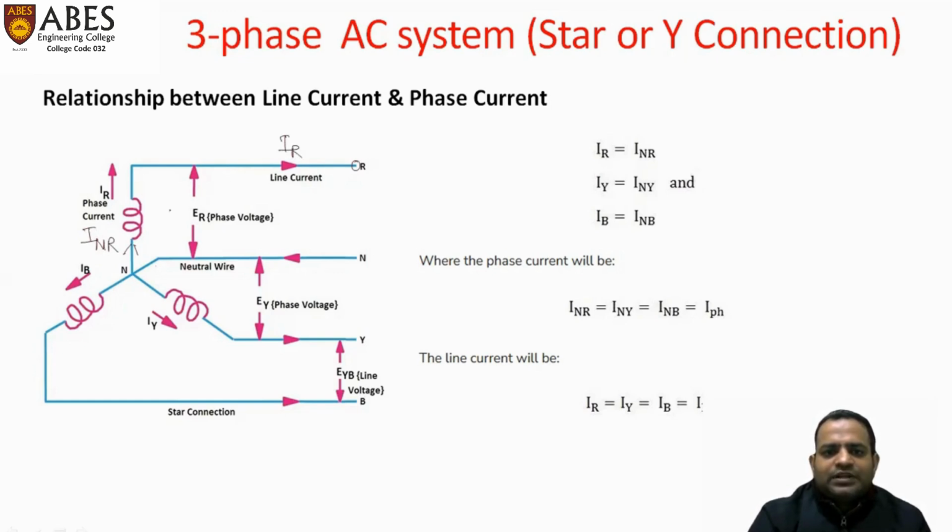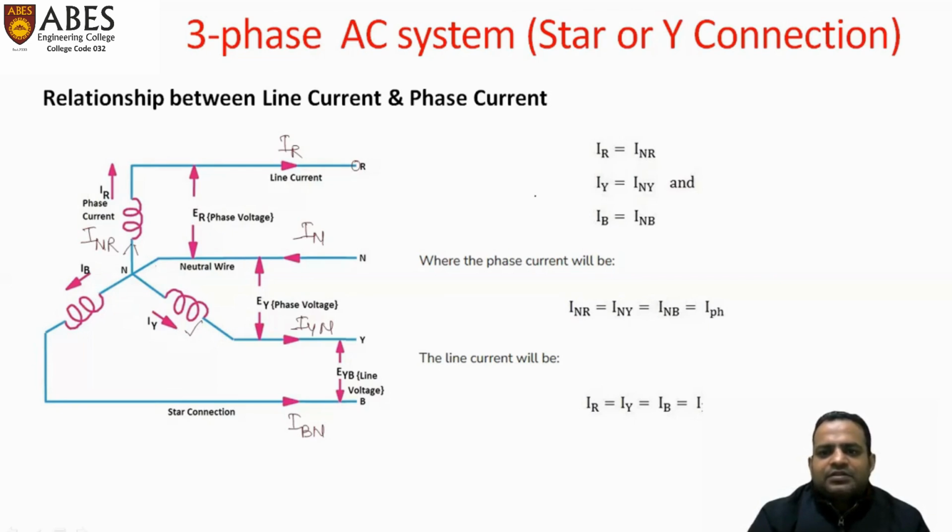So these two currents are equal. Similarly, IYN and IBN are also equal to the line currents IY and IB.